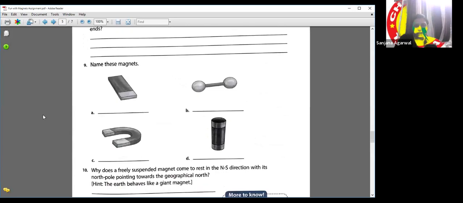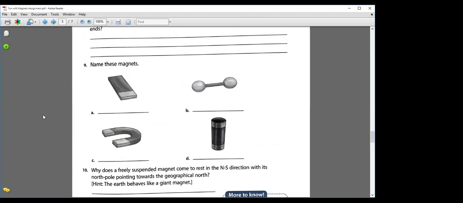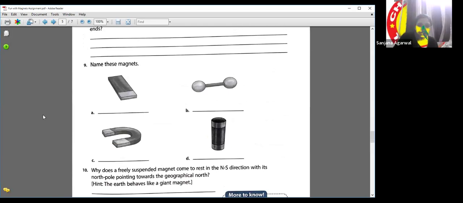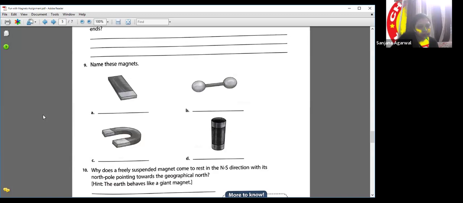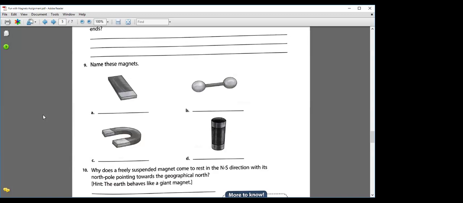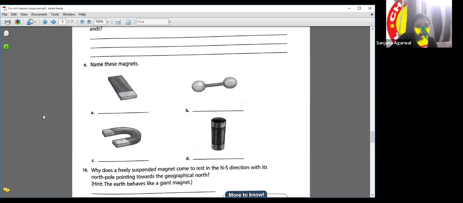Different shapes of magnets are shown. Name the types of magnet, A, B, C, D. Bhavesh, you tell. Ma'am, this is a bar magnet. Neha: A is a bar magnet and C is a horseshoe magnet.